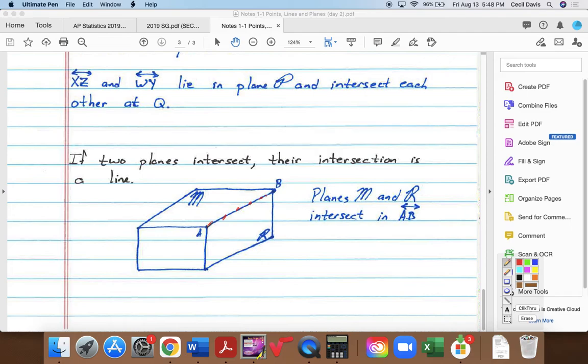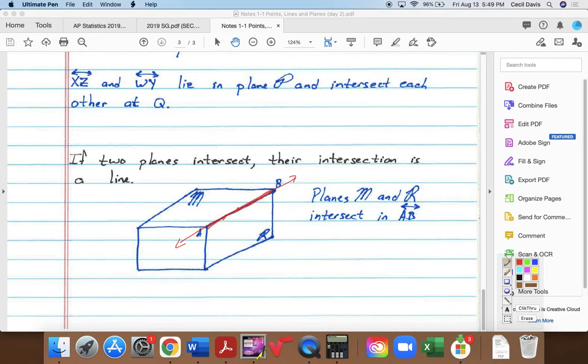So if we connect all of them, we get this. And someone will say, well, isn't that a segment? Well, in the box it is, because your box is not infinite. But remember, we can't draw this infinitely, so we just drew these figures to illustrate the plane. They keep going, and so the intersection would keep going as well.